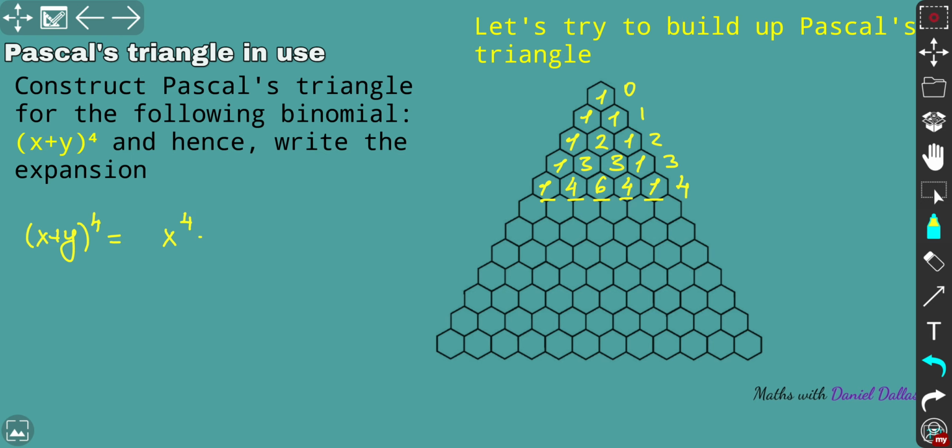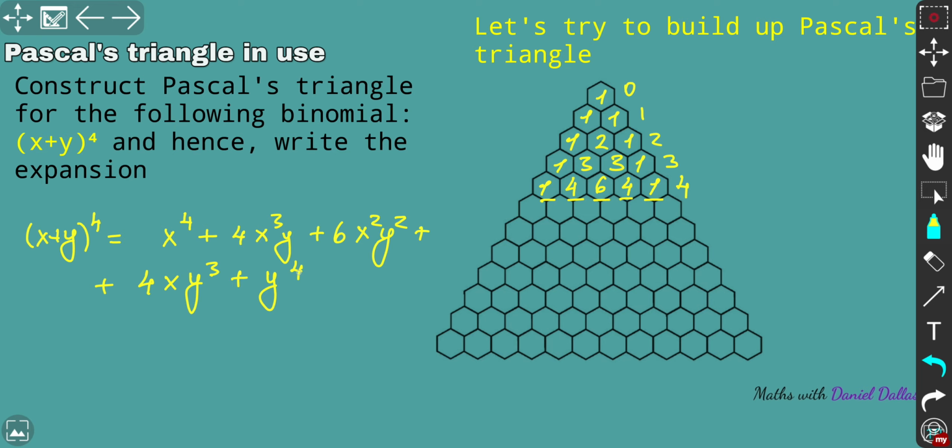Then goes coefficient 4 with x cubed y. Then coefficient 6 with x squared y squared, and then again coefficient 4 with x y cubed, and the last one is going to be 1. That means it's going to be y to the maximum power, y to the 4.